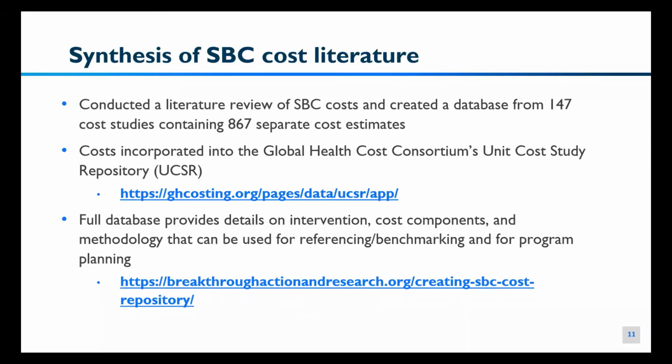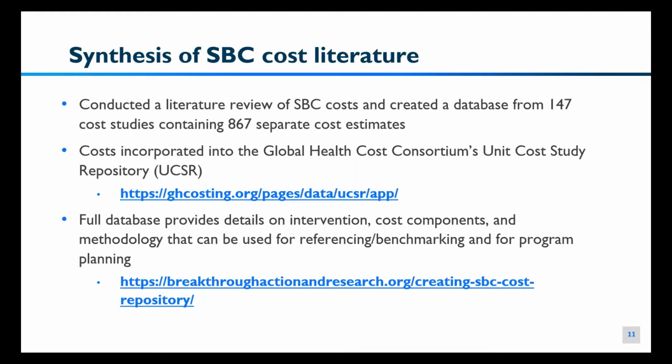Now this is a resource, it's a standardized way of displaying cost data across health areas. So we have HIV, TB, SBC, and family planning. The link you can see is right there. You can sort, and there are different data visualizations available. So it's a nice resource if you want to do some analysis of costs.